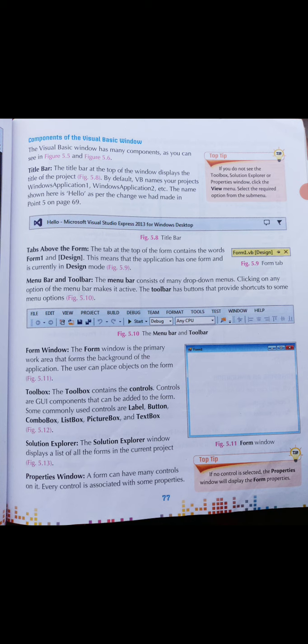Now let's come to the topic, title bar. The title bar at the top of the window displays the title of the project. By default, VB names your project Windows Application 1, Windows Application 2, etc. The name shown here is Hello, as part of the change we had made in point 5 on page 69.